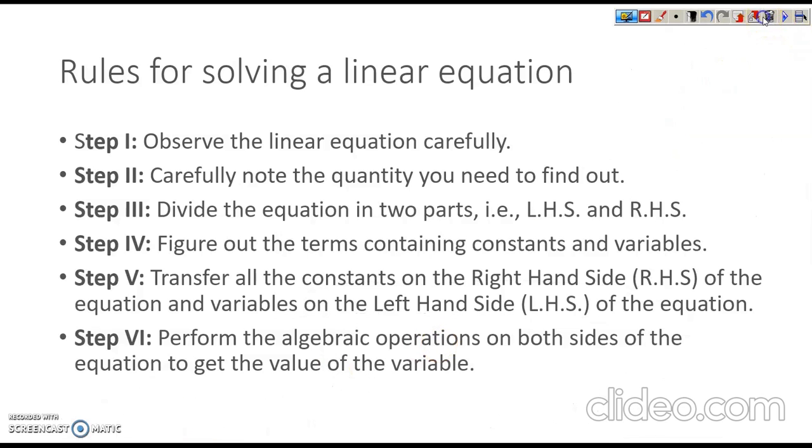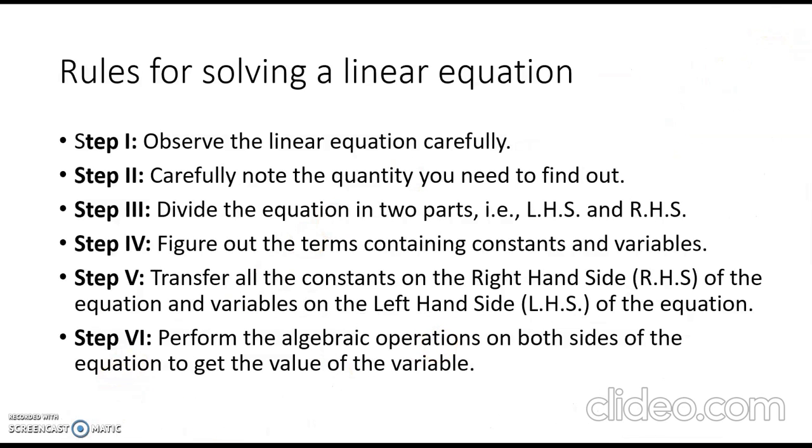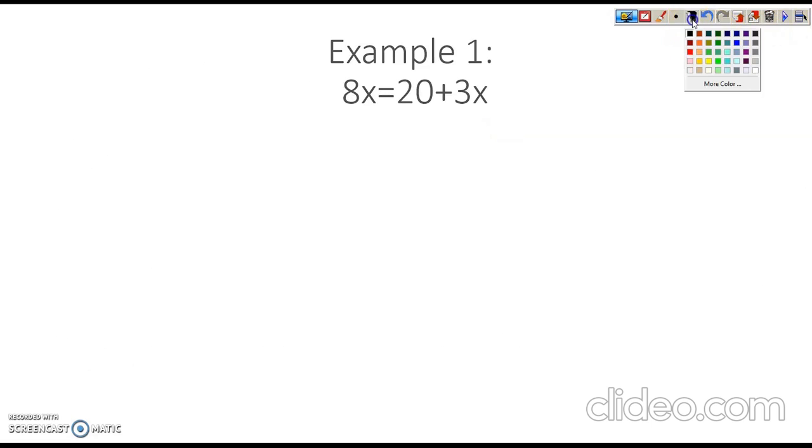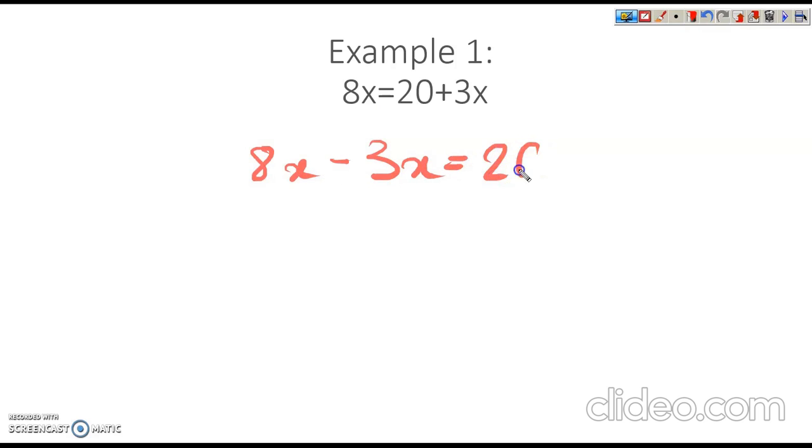So let's look at a question. This question says that 8x is equal to 20 plus 3x. I will move all variables to the left hand side, so I will get this, and all constants to the right side.